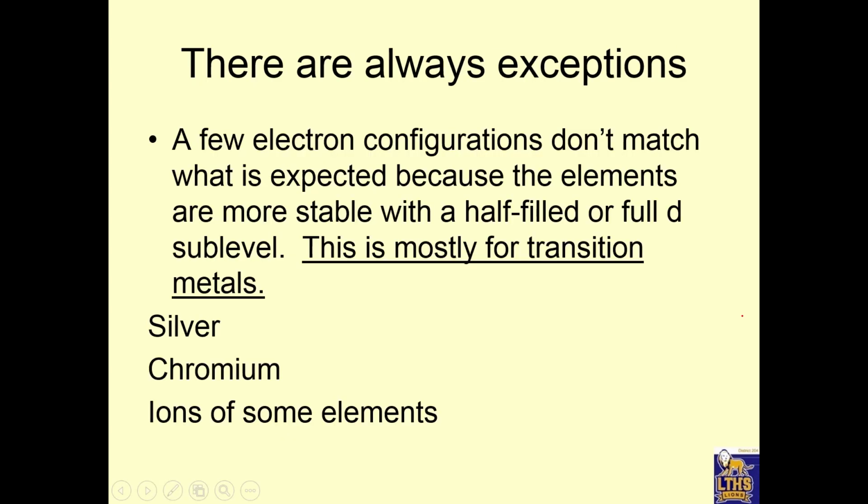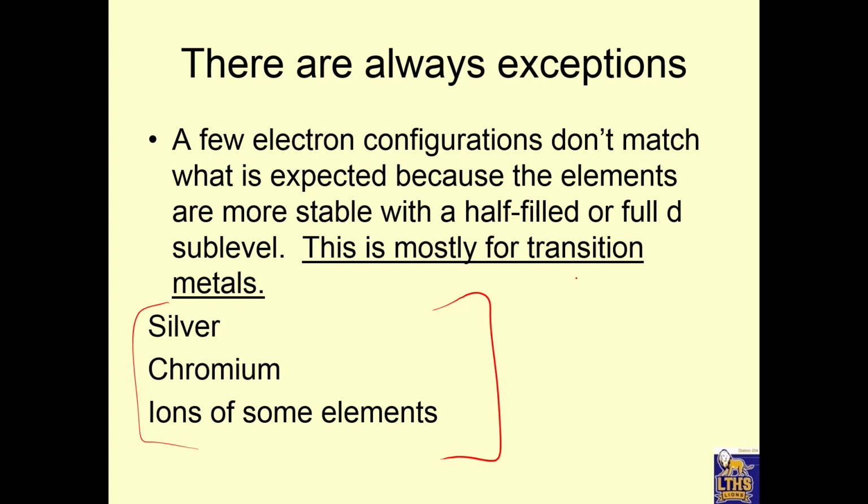All right, there are always exceptions. So we just learned electron configurations, orbital diagrams, and ions that form. There are some exceptions, and we'll talk about them in class. In some elements, instead of filling up an orbital, we'll put some electrons in one and some in another so that everything's half filled or one's completely filled, because that's more stable than it would be otherwise.